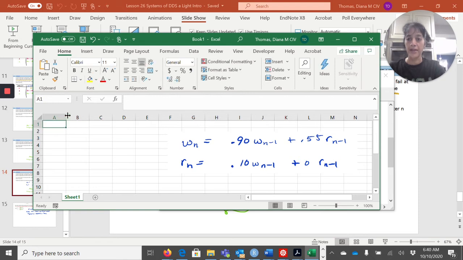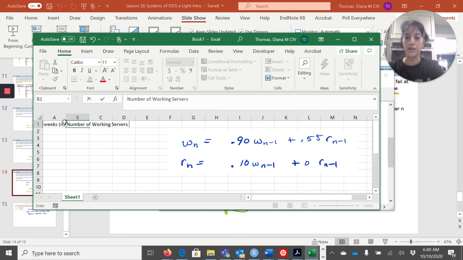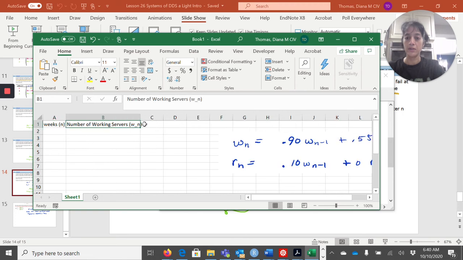So I'm going to make my headers as before. Weeks, N, number of working servers, W sub N, and number of servers for repair, that's R sub N. Good titles.